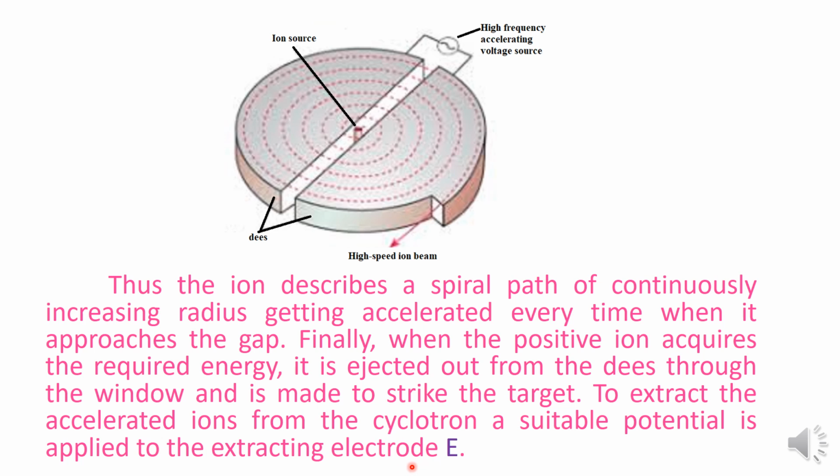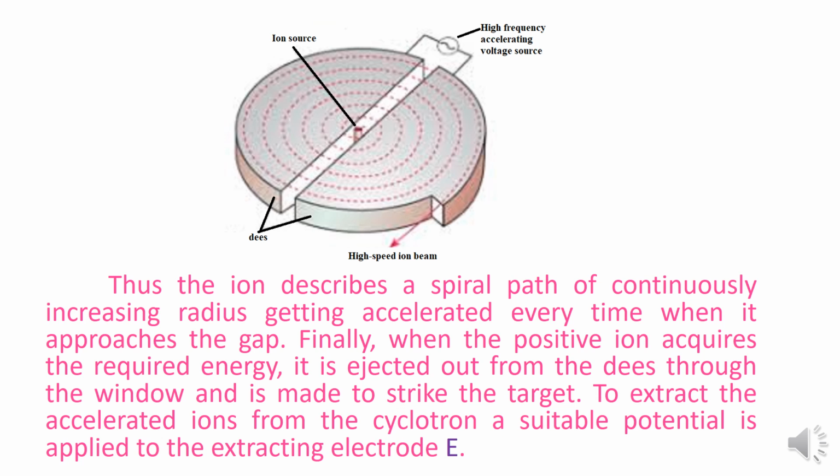By using that, you can remove the ion from the cyclotron. If the ion is a positively charged particle, then the extracting electrode is a negative electrode. Using it, we remove the ion from the cyclotron, and the ion is made to strike the target.